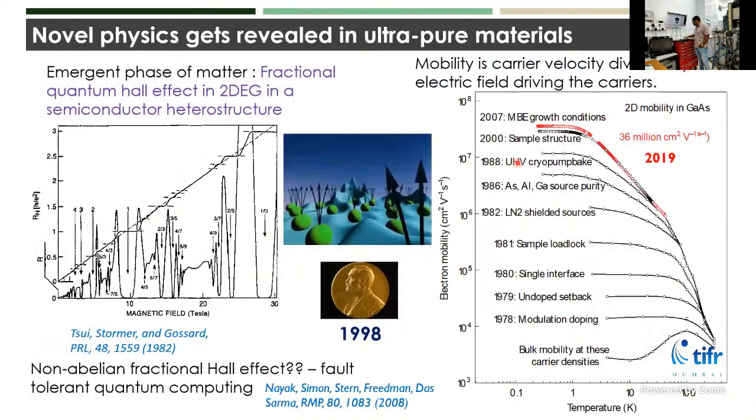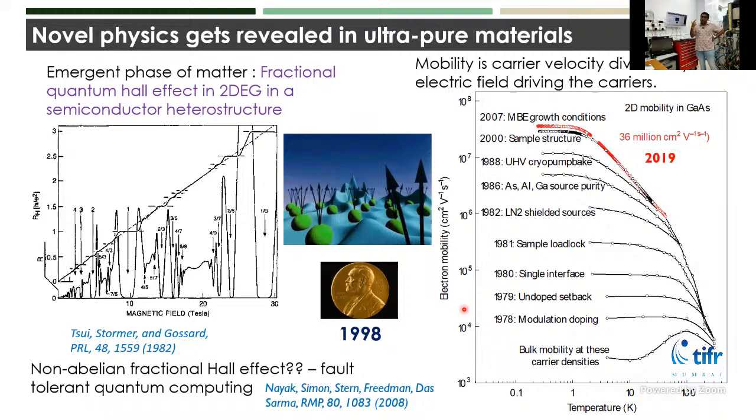So here I'm just giving you one example in terms of the advancement in science. What happened in the 1980s is that people could create very pristine semiconductor heterostructures, and that took a long time actually. If you look at what is plotted here, it is electron mobility, in the sense that given some electric field, how fast can the electrons move?